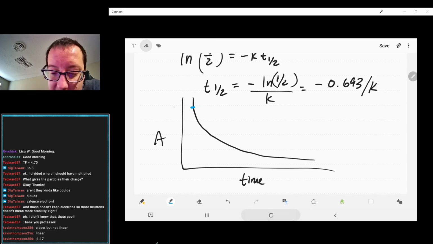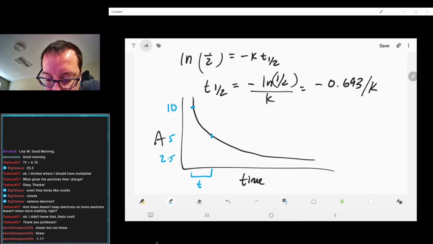If we start at, I don't know, 10, this amount of time is your half-life. And it turns out that if you're following first order kinetics, the amount of time it takes to go from 5 to 2.5 would also be your half-life.